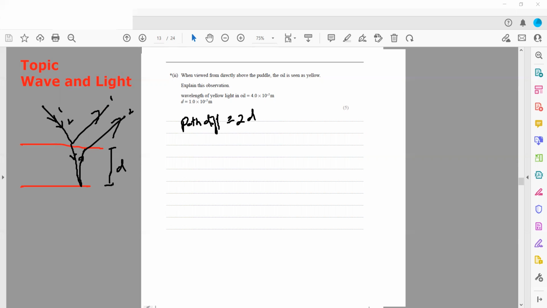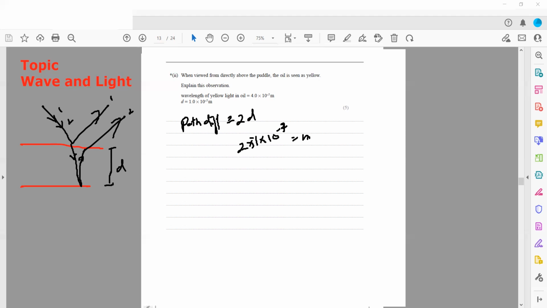So the path difference between them will be twice d. Because d is 1 times 10 to the power minus 7, multiplied by 2, it comes out as 2 times 10 to the power minus 7.